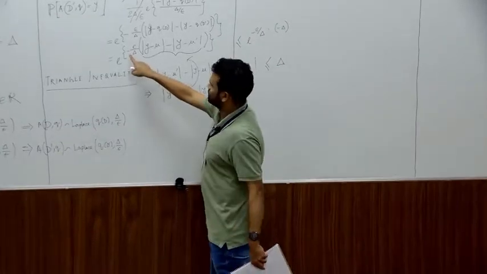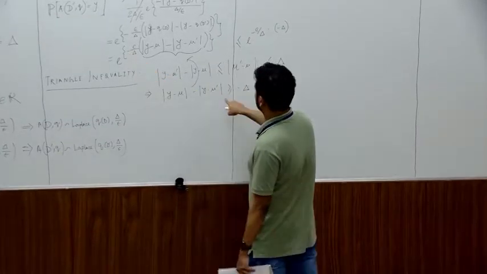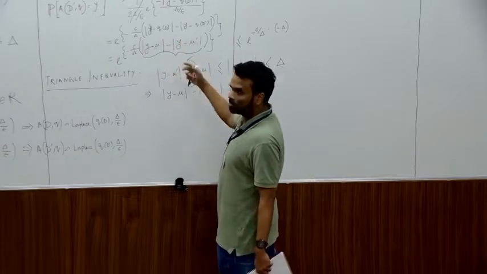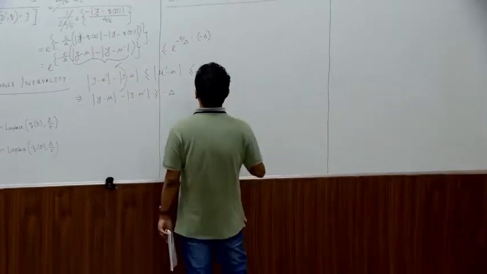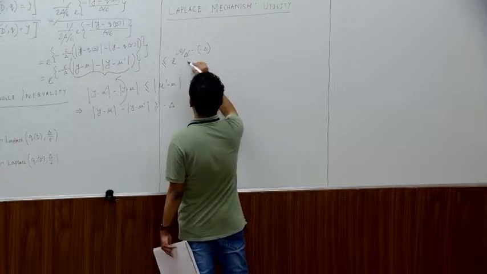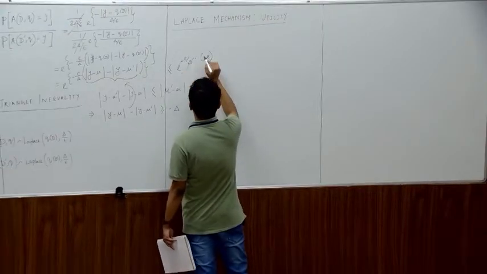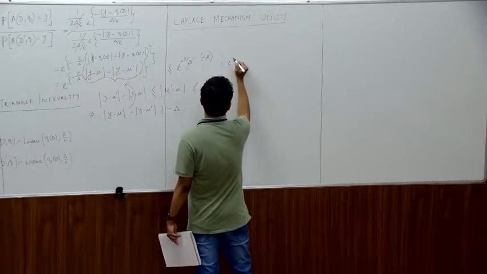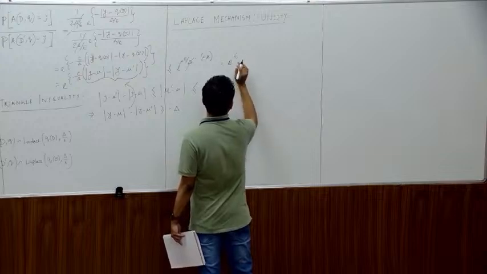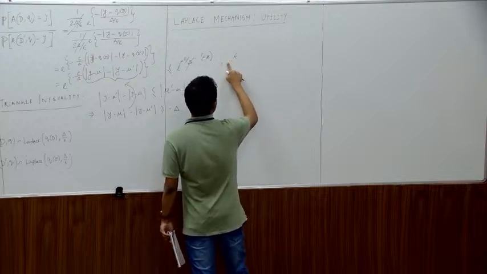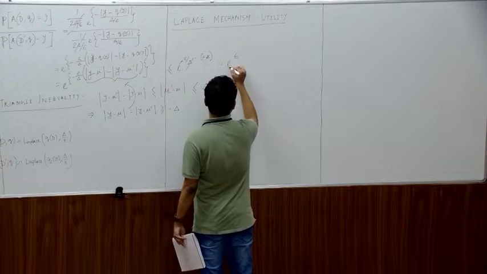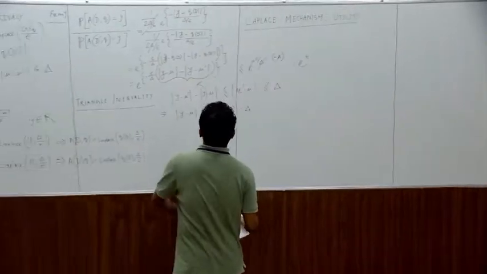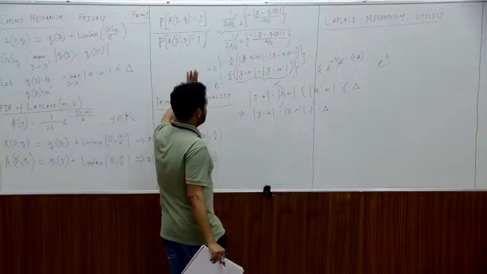There is a minus in front, that's why this is greater than or equal to. If we do it with minus, it will become less than or equal to. This minus, this delta gets cancelled, minus gets cancelled, we get e to the power epsilon. So this is a proof of privacy of Laplace mechanism. So this is upper bounded by e to the power epsilon.